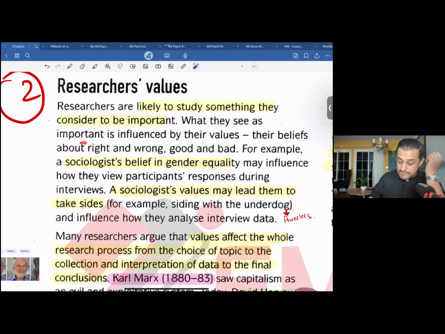What they see as important is influenced by their values, their beliefs about right and wrong, good and bad. For example, sociologists' beliefs in gender equality may influence how they view participants' responses during interviews. Now, if you're a sociologist conducting an interview and receiving responses, the beliefs you carry about any particular topic you want to research would eventually affect the way you give meaning to the response you've received from the respondent, right?